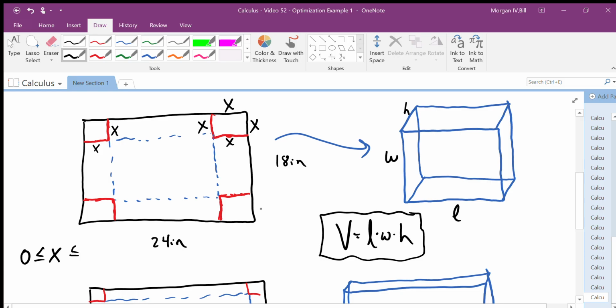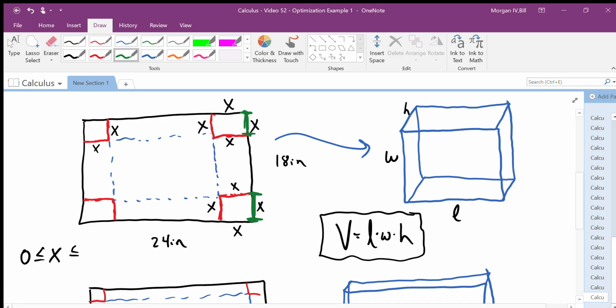And if I make the one down here, x's on every side since it's a square. The total length is 18, but as I cut out squares from every corner, I'm cutting out an x from up top here. I'm also cutting out an x from the bottom here. And so I'm really taking off 2 x's from every side.